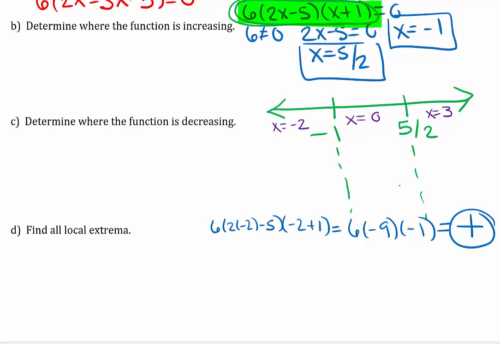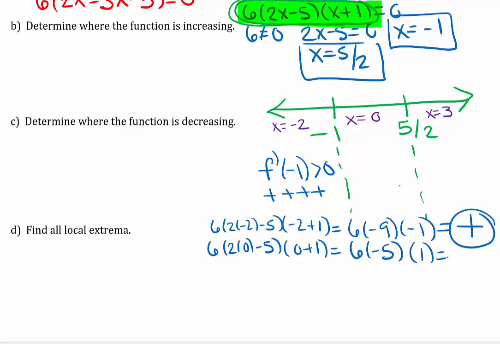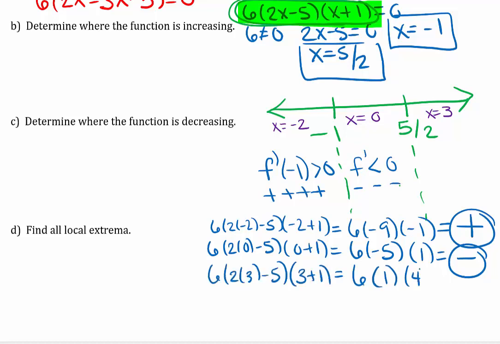Now I'm going to plug 0 into my derivative. 6 times -5 times 1 is -30. The important thing is I got a negative solution. My derivative is negative. And finally, if I plug x equal 3 into that derivative, 6 times 1 times 4 is 24, but the important thing I'm looking for is that it is a positive number.